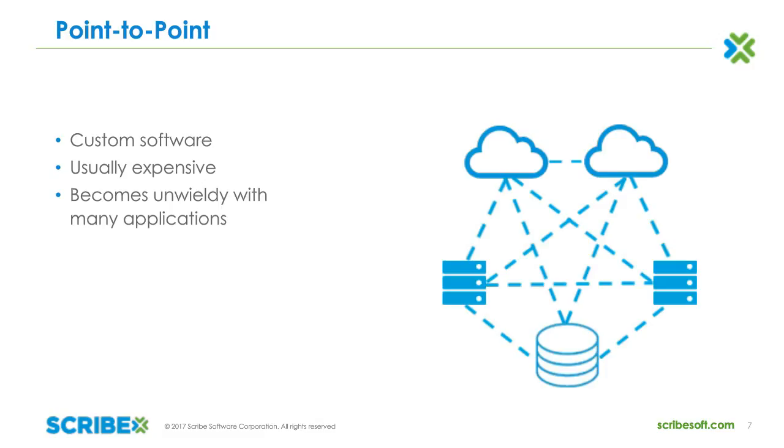If you increase the number of applications from 5 to 10, you're actually going to need 45 bidirectional connections between those 10 applications. So you see that the number of connections increases dramatically as you add just one more application to the mix.